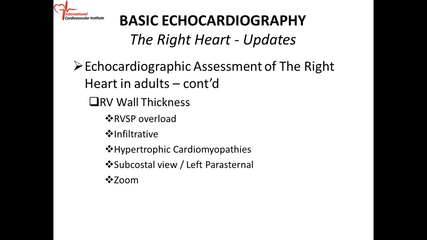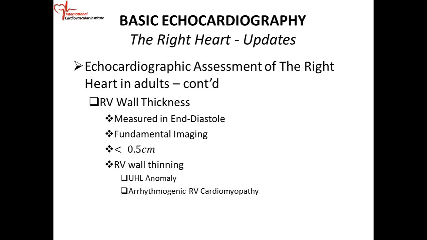And when you measure it, it will be more than 0.5 centimeters or 5 millimeters. So the views that you're going to look for are the subcostal view or the left parasternal long axis view. But the subcostal view is probably the best. And then you zoom it. Remember, you have to zoom it. When you zoom it, you decrease the error.